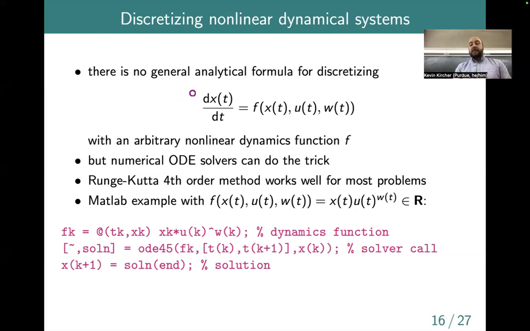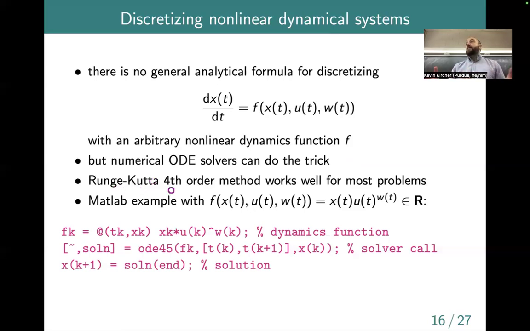So if you have a general nonlinear dynamical system in this representation, and you want to write code that works for any arbitrary function f, there's no way to just write down what that looks like. Nonlinear ODEs are hard to solve with pencil and paper. But we have computational methods for solving ODEs that work very well for nonlinear systems. There's a famous and very efficient one called the Runge-Kutta fourth order method.